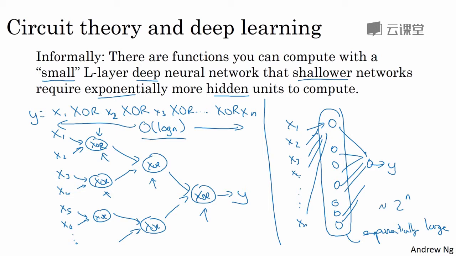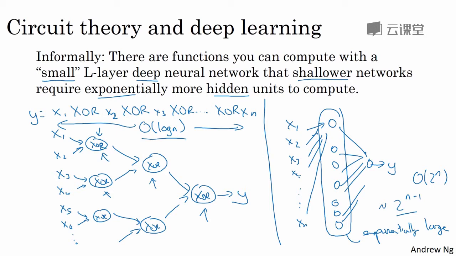So you end up needing a hidden layer that is exponentially large in the number of bits. I think technically you could do this with 2 to the n minus 1 hidden units, but that's the order of 2 to the n. So it's going to be exponentially large in the number of bits.